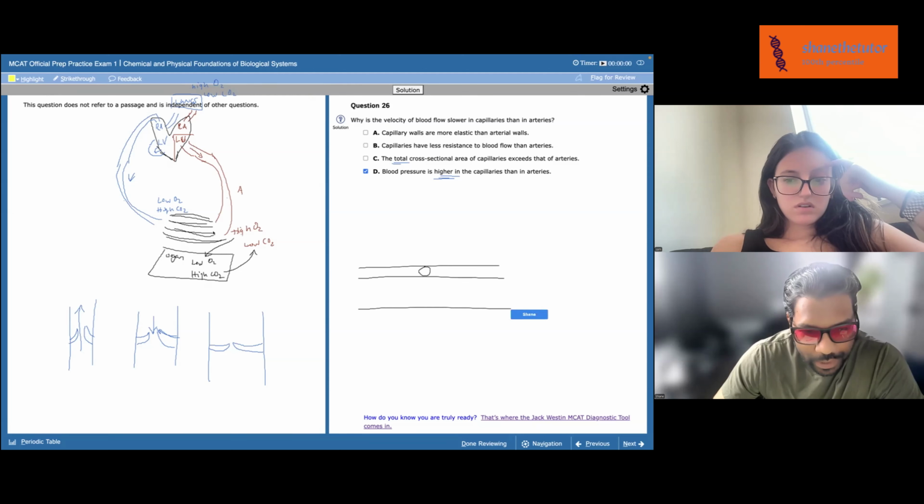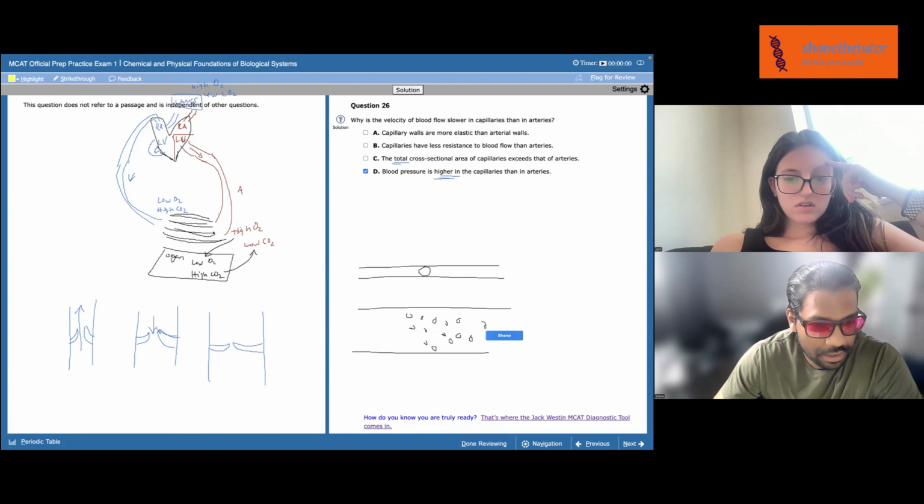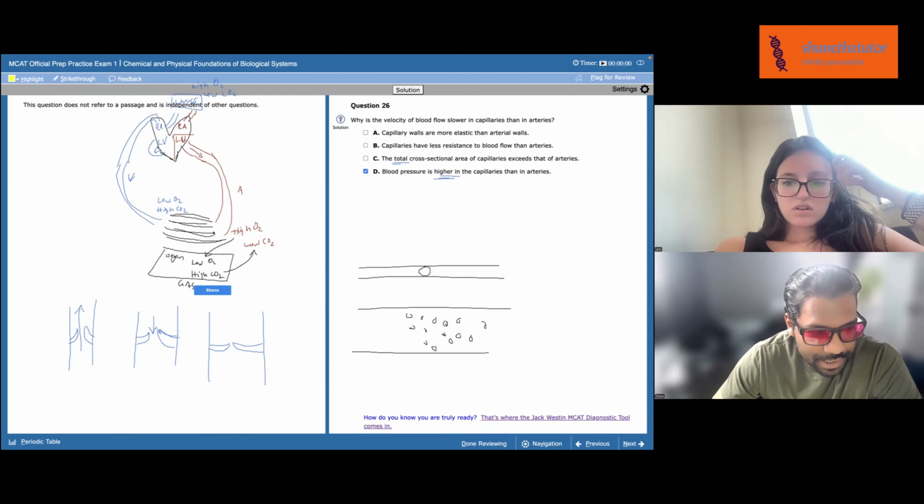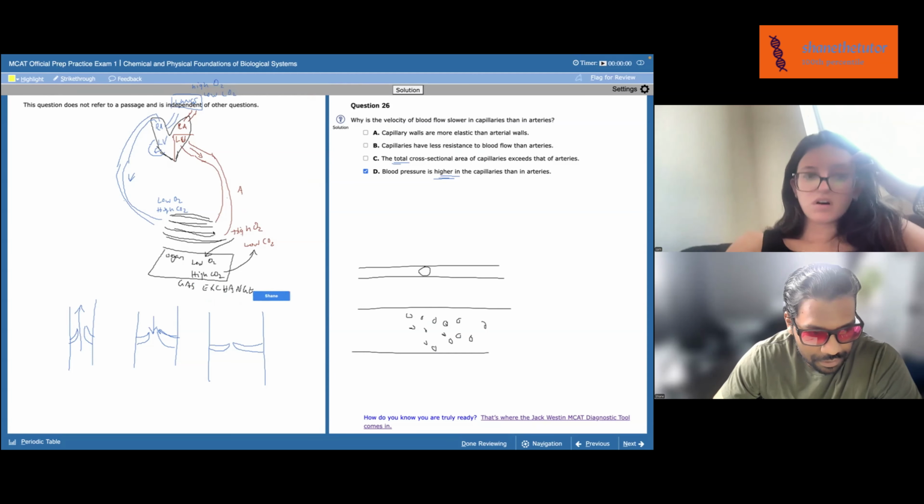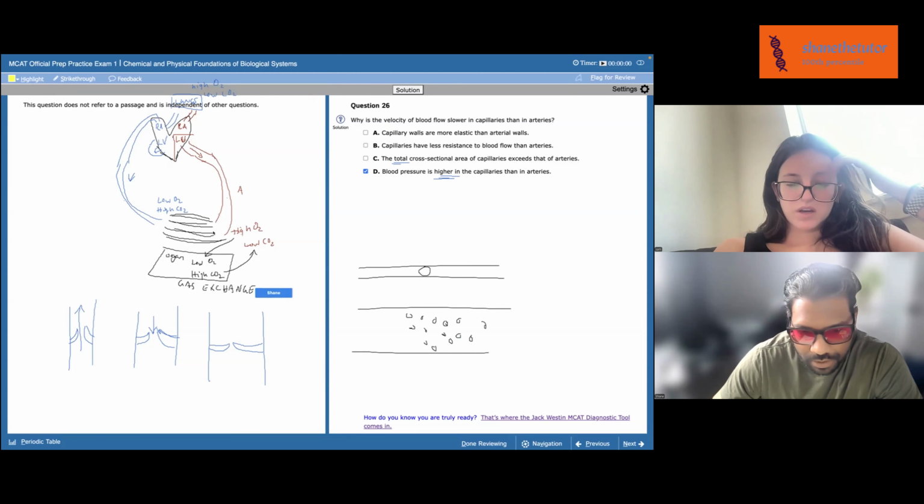So if we had something with a ton of red blood cells, think of gas exchange at the capillaries. This is oxygen leaving and CO2 coming back in.